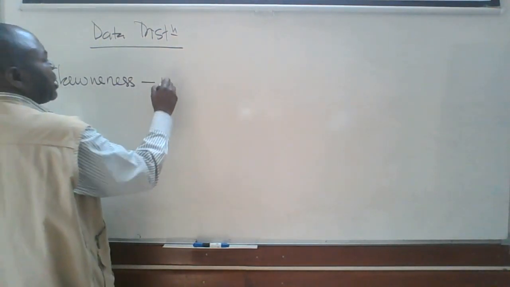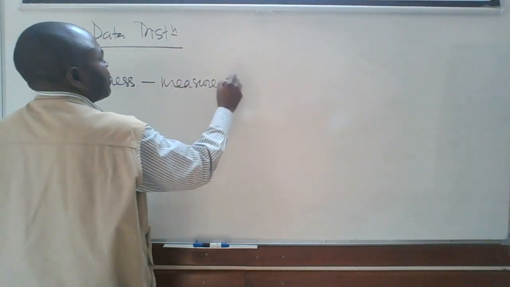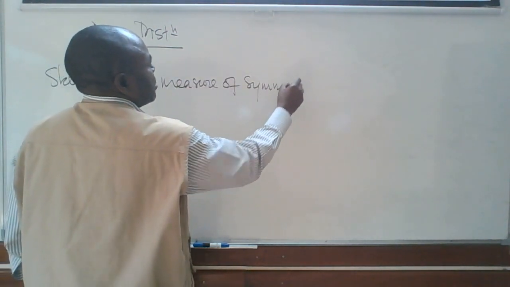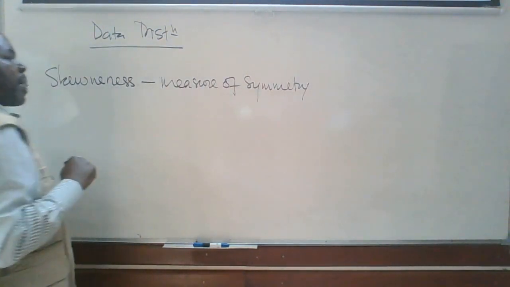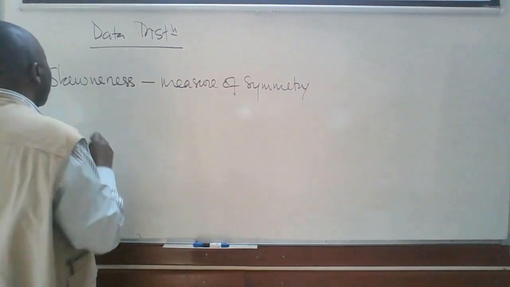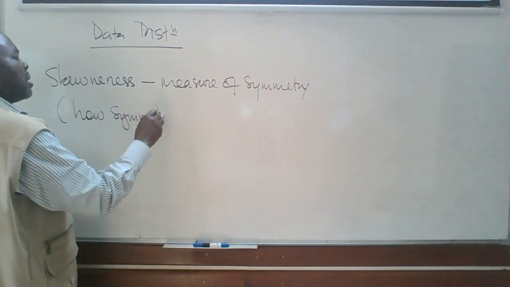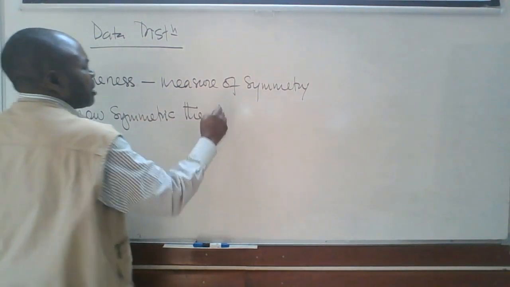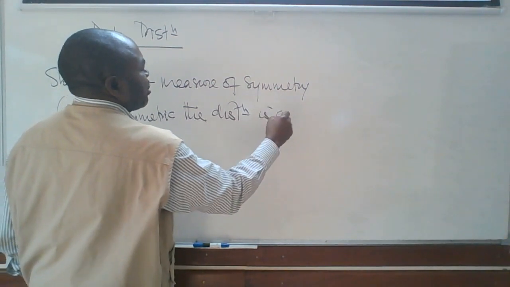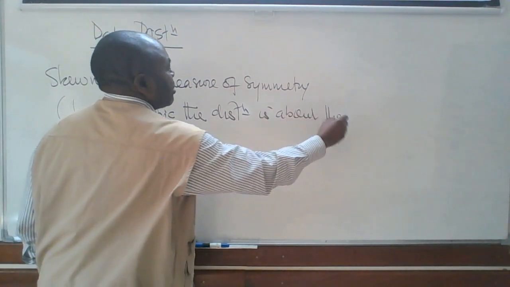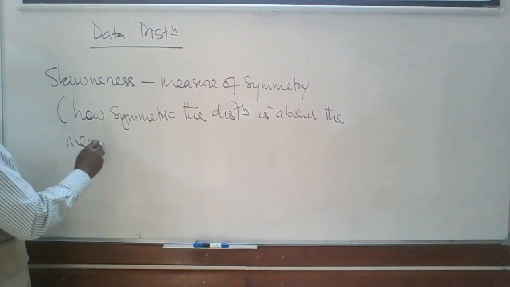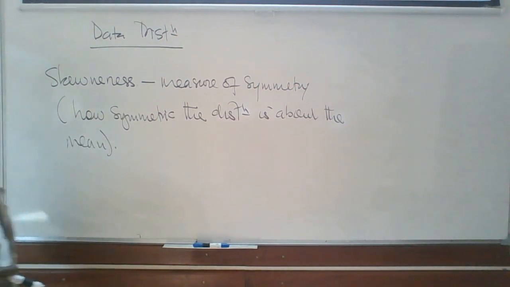Skewness is just a measure of symmetry, or how symmetric the distribution is about the mean. So, skewness is just a measure of how symmetric data are about the mean, or how symmetric the probability distribution or the data distribution is about the mean.